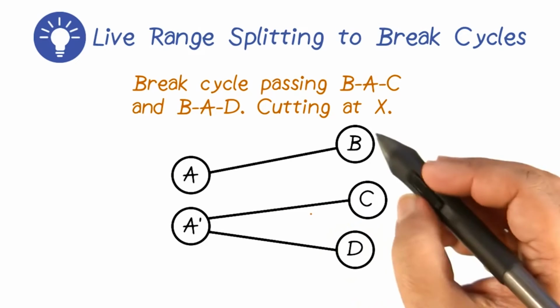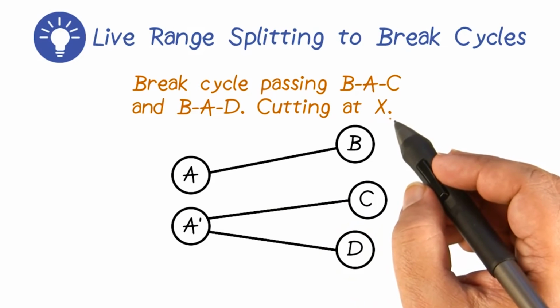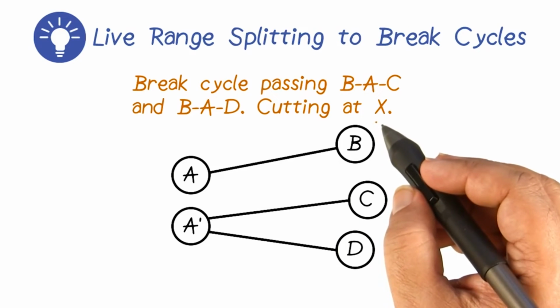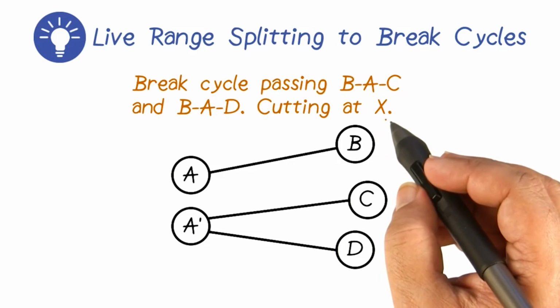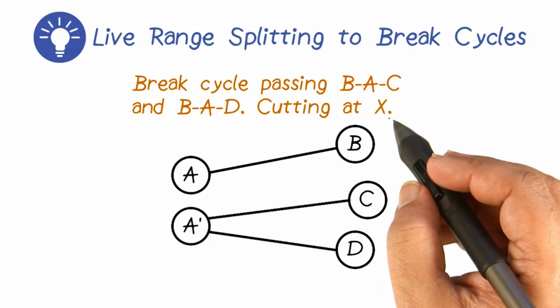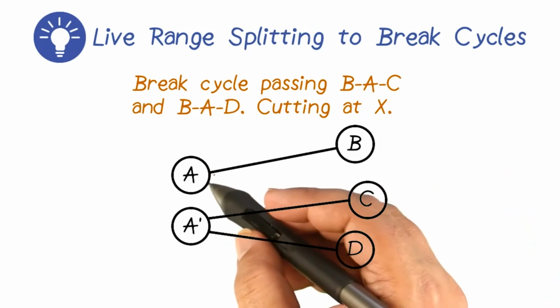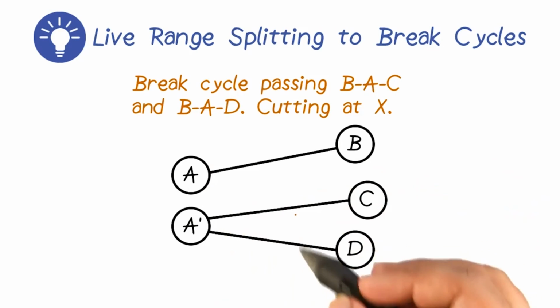Either we can cut it at X, Y, and Z and transform the graph as in the previous slide, or the alternative would be to cut the live range only once at X and still be able to remove the cycle because the edges AC and AD are removed.